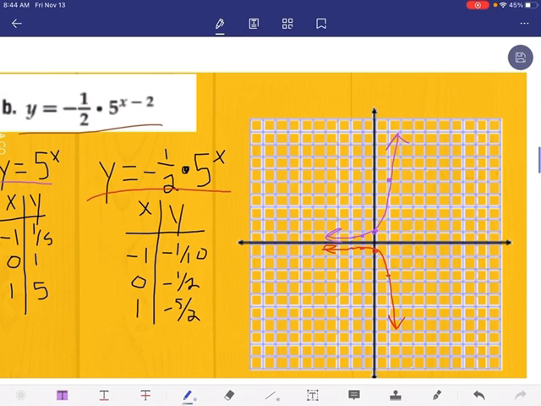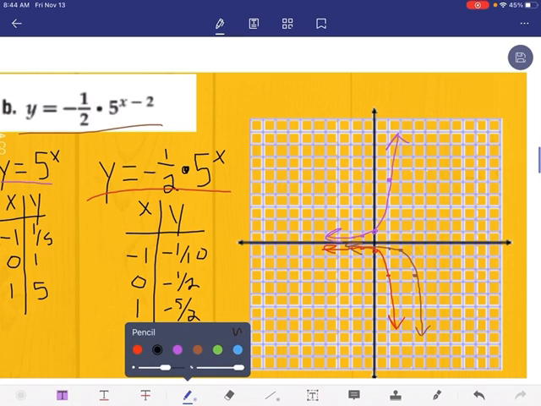So then our final step is going to be to move each of those points to the right 2 units. Because it's inside my exponent, it's going to be the opposite direction of the sign, which is why we move right.